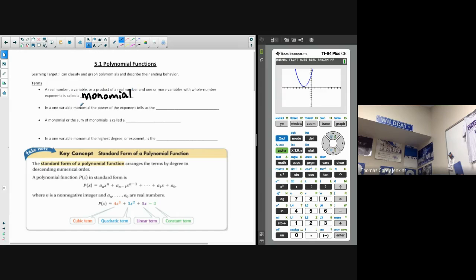In a one variable monomial, the power of the exponent tells us the degree of the monomial. A monomial, or the sum of monomials, is called a polynomial. Poly means many.